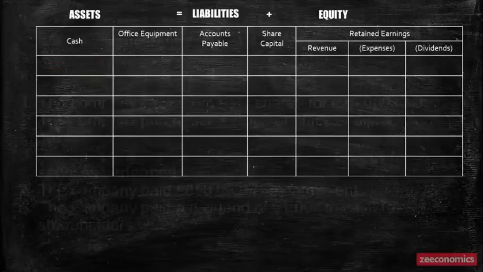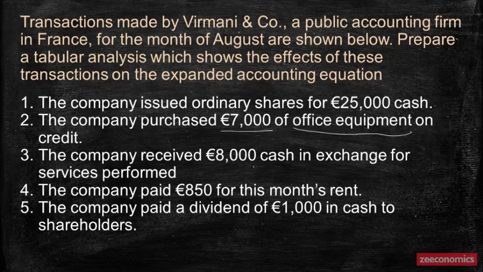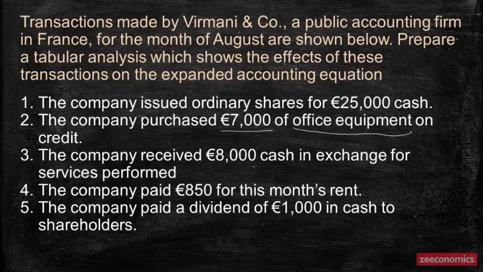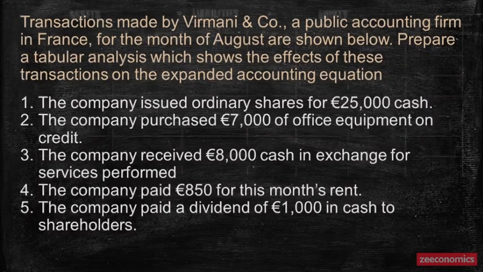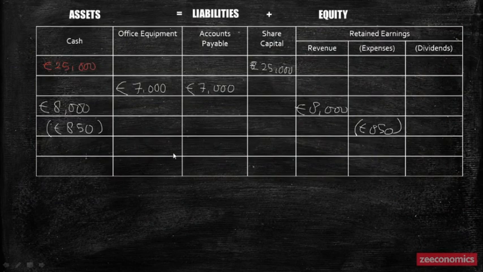Now let's proceed to the last transaction. The company paid a dividend of 1,000 euro in cash to shareholders. It means the shareholders of Firmenich and Co. received the dividend for their participation in the company, for their fair share of the shares in the company.